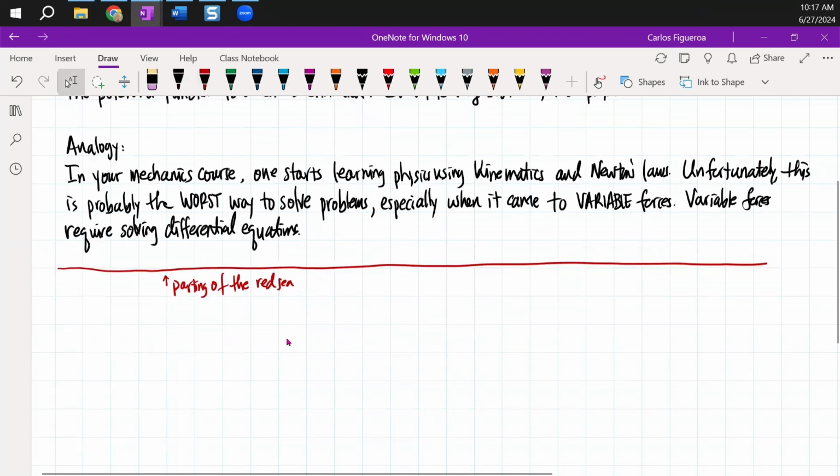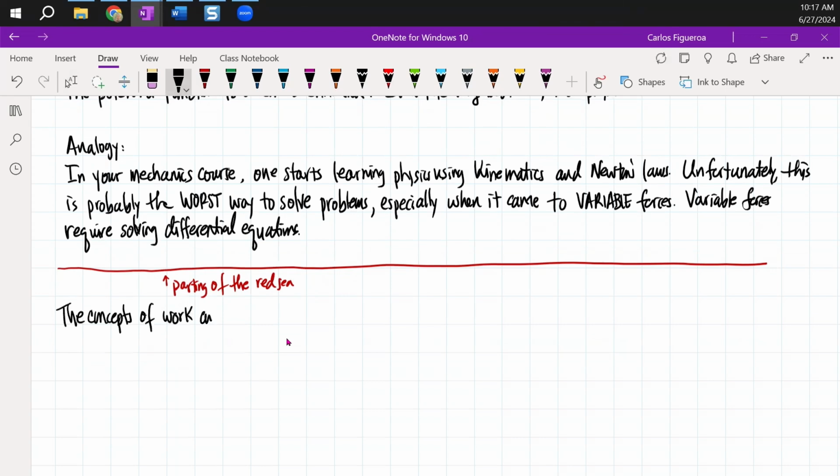The concepts of work and energy is a paradigm shift in thinking.